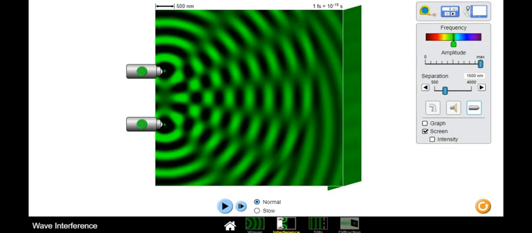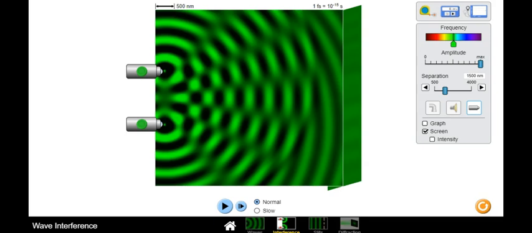Technically, if I'm thinking of light as just a particle, I will expect to see on the screen one green spot in front of the first laser and a second green spot in front of the second laser, and nothing else.